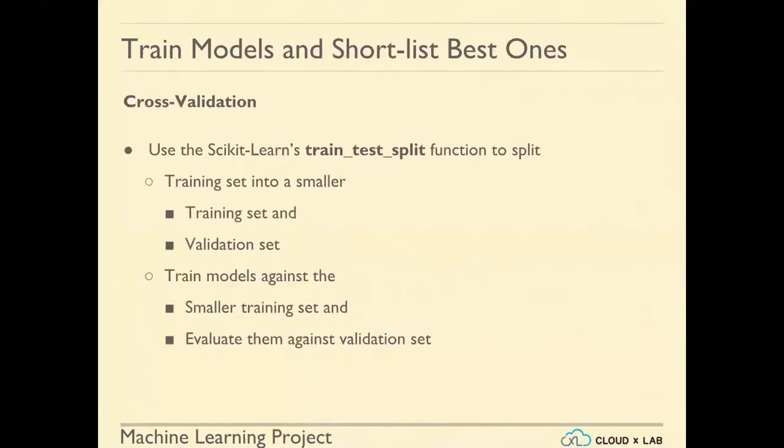We could use scikit-learn's train_test_split function to split the training set into a smaller training set and a validation set, and then train models against the smaller training set and evaluate them against validation sets.